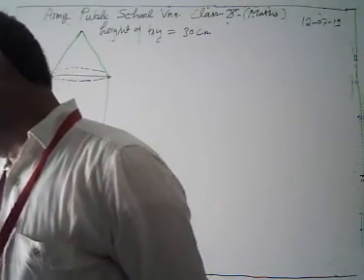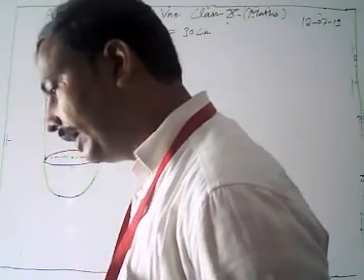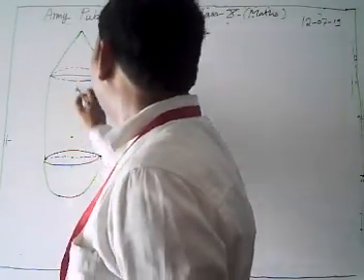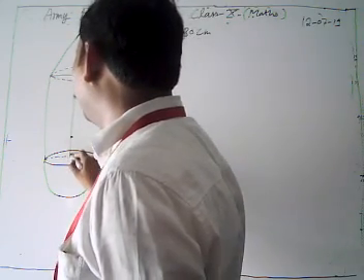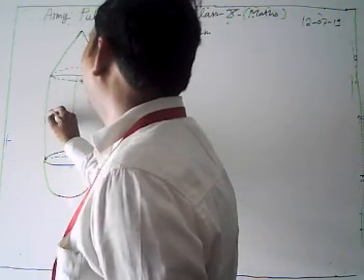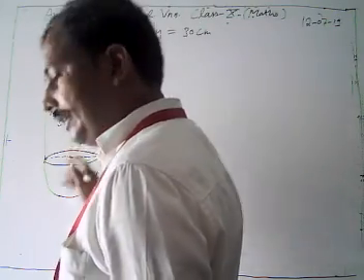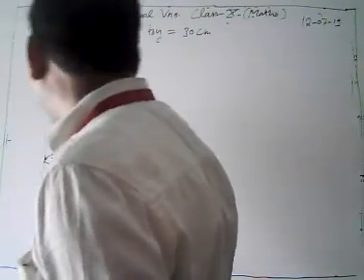The height and the radius of the base of the cylindrical part are 13 and 5 centimeter respectively. The height of the cylinder is 13 centimeter, and the radius is 5 centimeter.